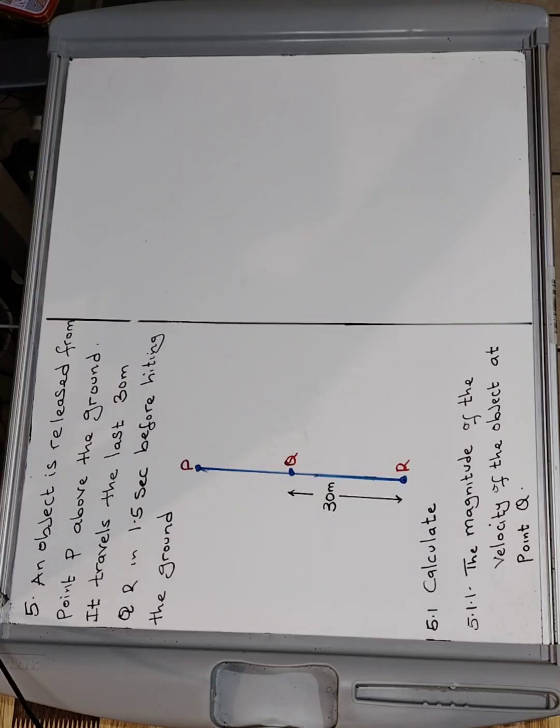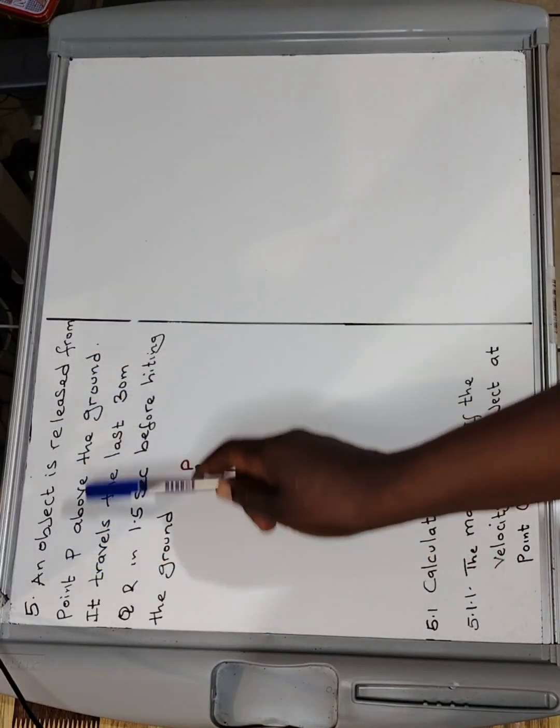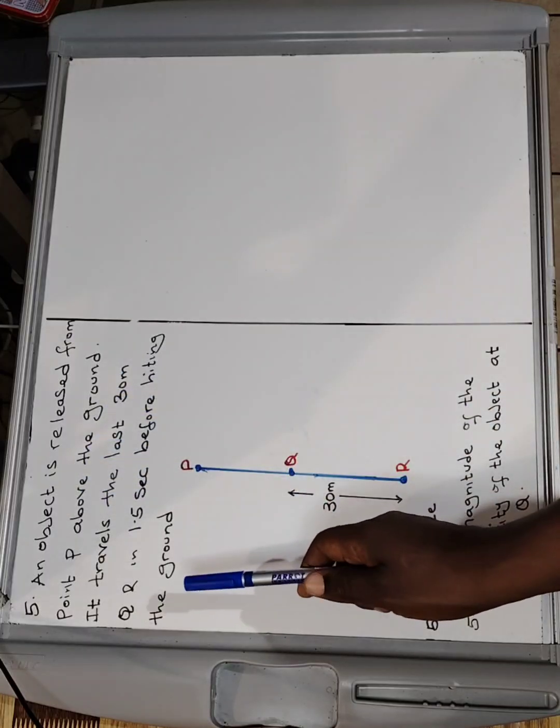Today we are looking at this question. It's coming from vertical projection. Okay, let us analyze it. It says an object is released from point P above the ground.